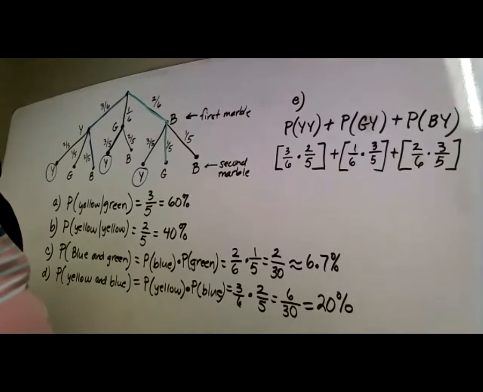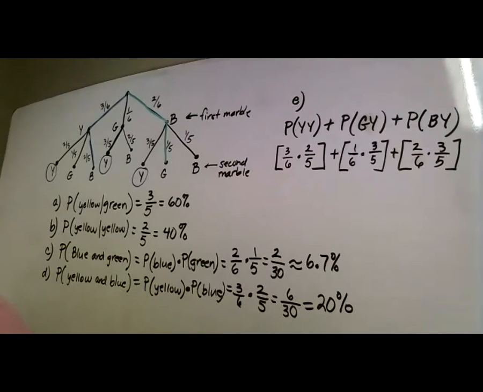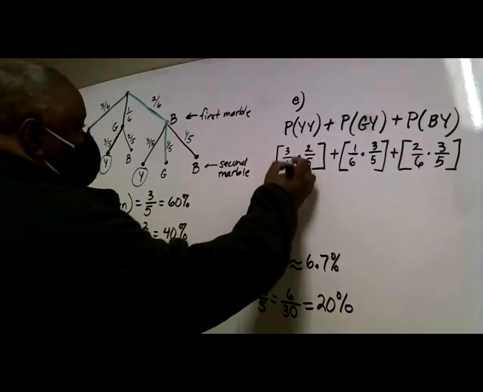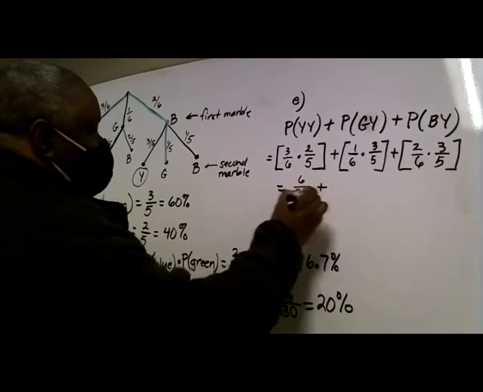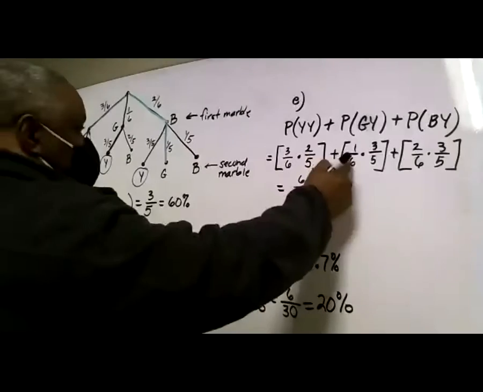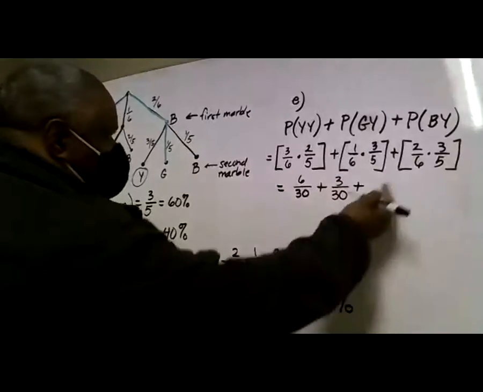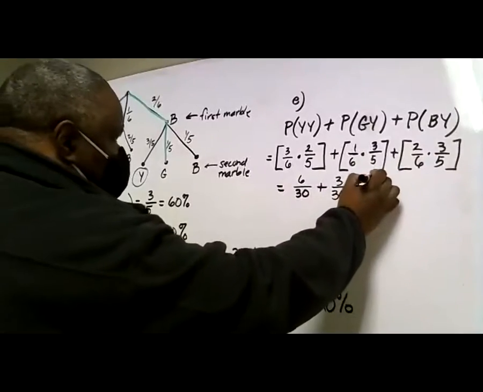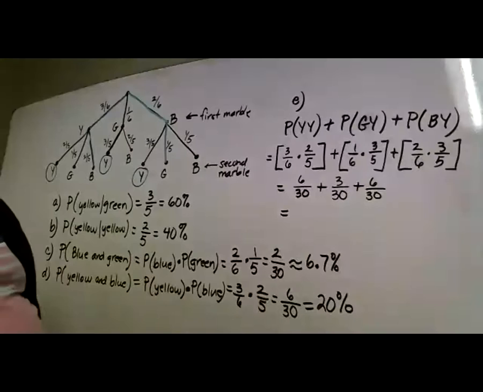Okay. So let's multiply what's in these brackets first. If I do 3/6 times 2/5, this will be 6/30, plus 1/6 times 3/5, this will be 3/30, then plus 2/6 times 3/5, this will be 6/30. And since these denominators are the same, I'm going to go ahead and add the numerators. 6 plus 3 plus 6.